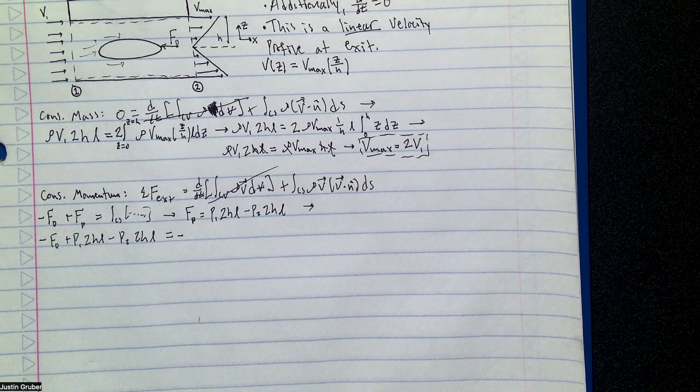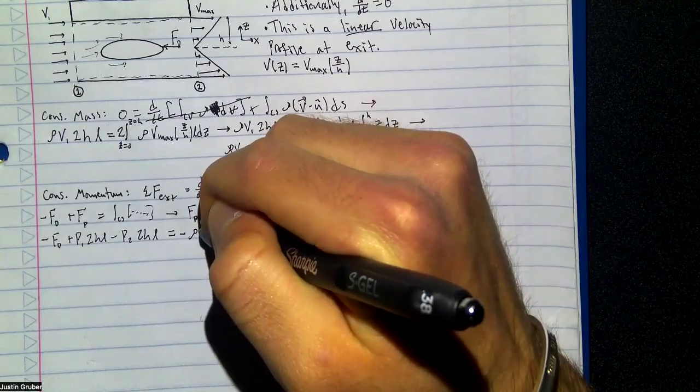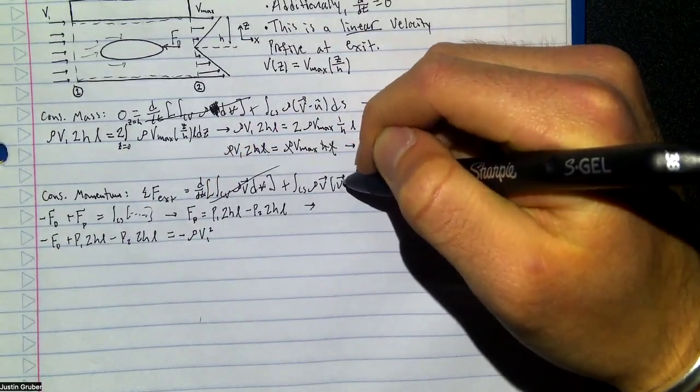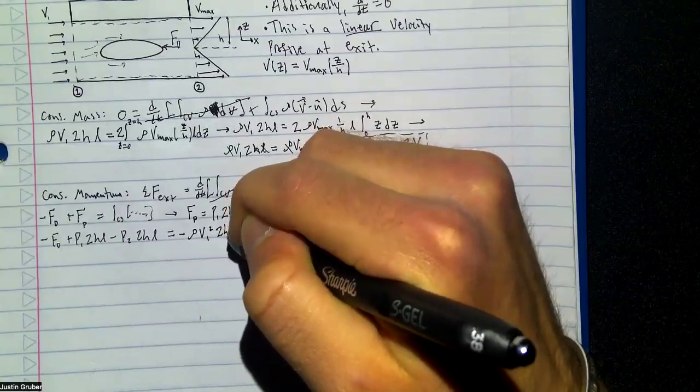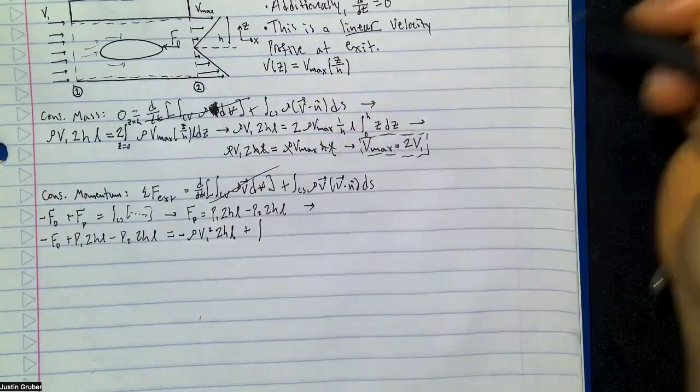This is a vector equation, but all we care about is the x direction because there's no y component. So negative rho v1 squared times, again, 2H times L. Now plus, what's our integral again?